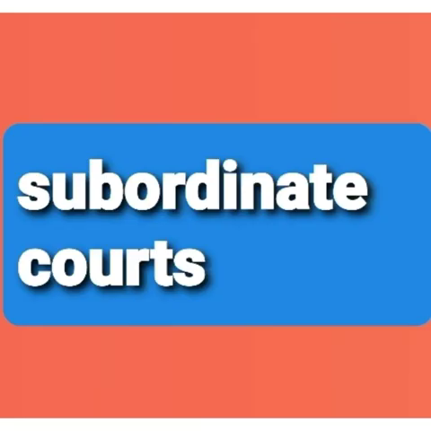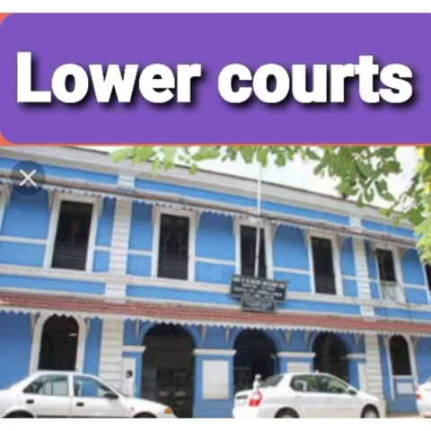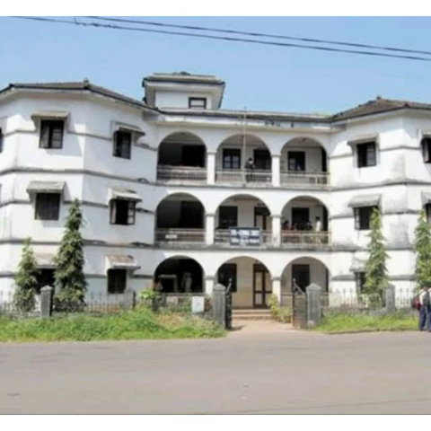We have finished with the high courts in India. Let us now move on to learn about the subordinate courts. Subordinate courts means the lower courts. Besides the high courts in every state, there are also the judicial courts to administer justice.